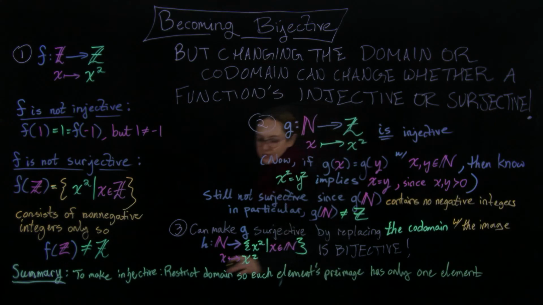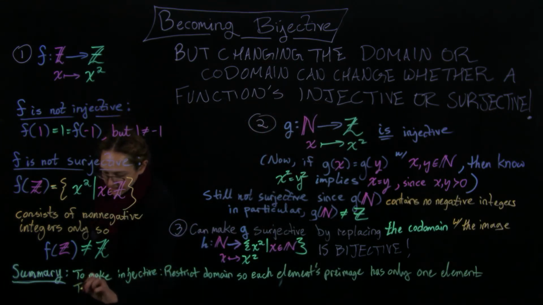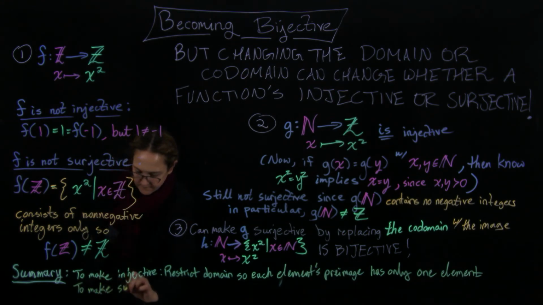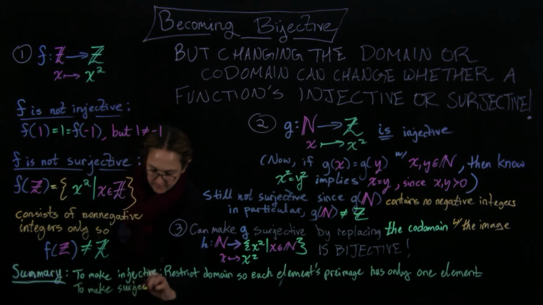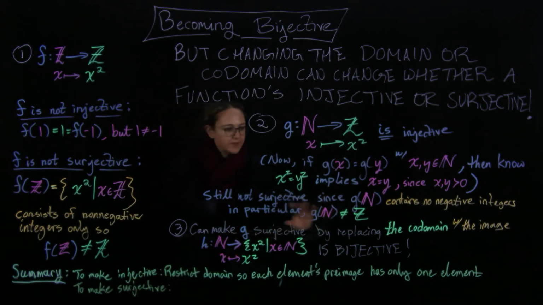And then to make surjective, you replace the codomain with the image. So to make surjective, we just want to replace the codomain with the image like we did there.